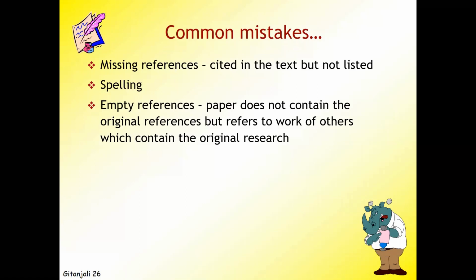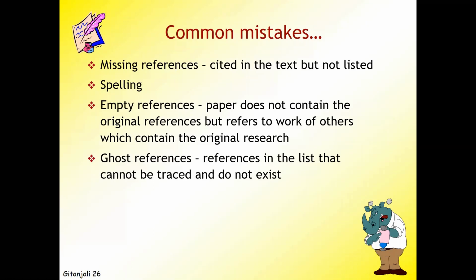You get what I'm saying? So I have not read any of the original research, but I have read only this review, and I am writing the references of those fellows without actually having read them. These are called empty references. Okay, we should be writing the proper original references after reading them, but we have not done so.